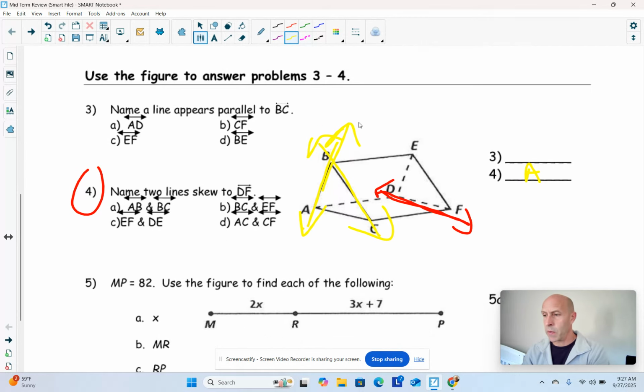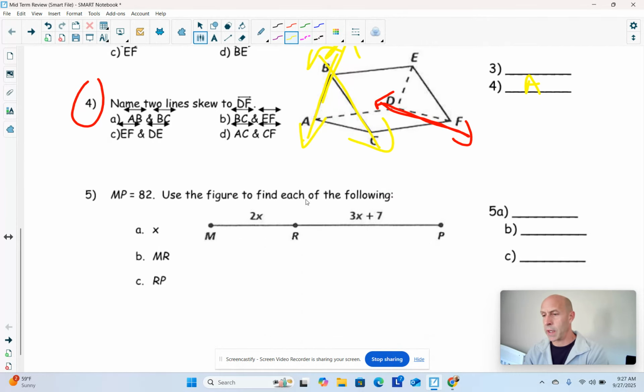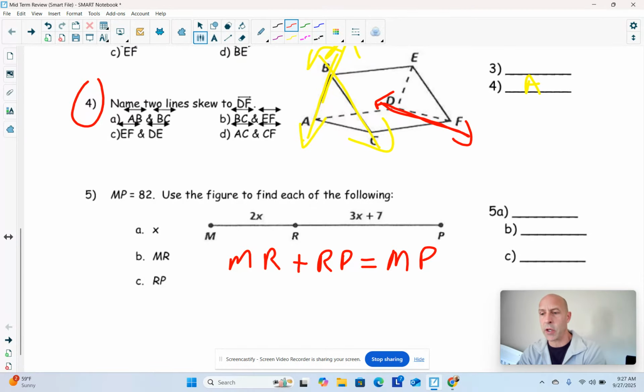Let's go ahead and continue on, and let's look for a second down at number 5. Number 5, we are going to use something called the segment addition postulate. And the segment addition postulate tells us that MR plus RP, those lengths, will be equal to the entire length of this segment. That's by segment addition postulate. So now what we can do is literally just substitute.